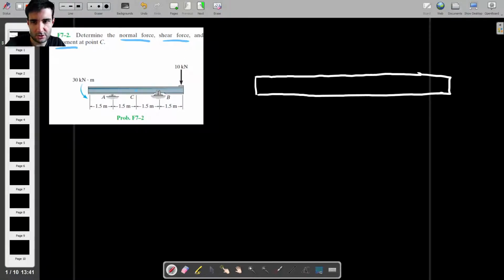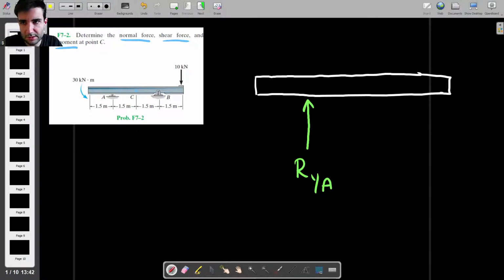First of all, we have a support at A, and that's a roller support, which means that we only have a vertical reaction force here. Let's call this RYA.